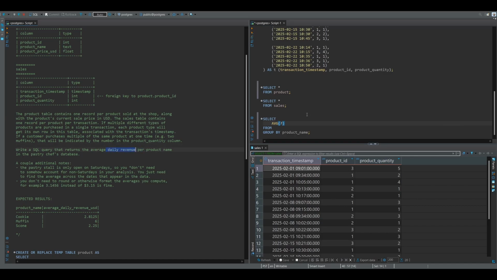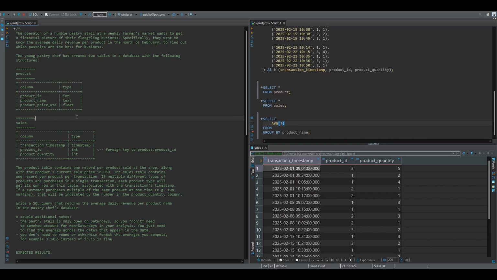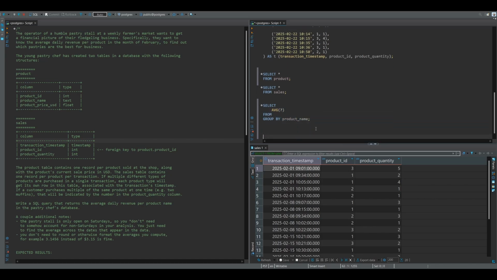Now, unfortunately for us, if we look back at the tables we're given, we don't have a column for daily revenue in our source tables, so we will need to construct one ourselves. So let's leave this little skeleton of the problem for a bit and just zoom in on the issue of daily revenue. Let's figure out how to get that first.